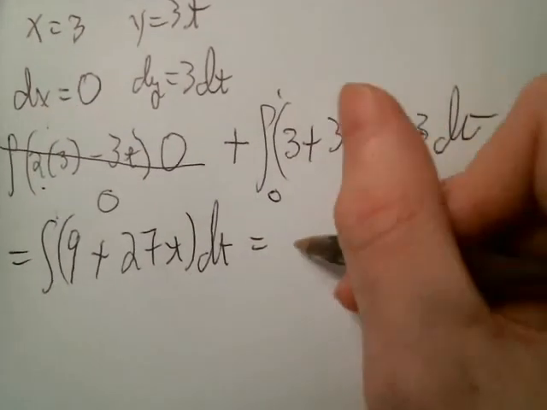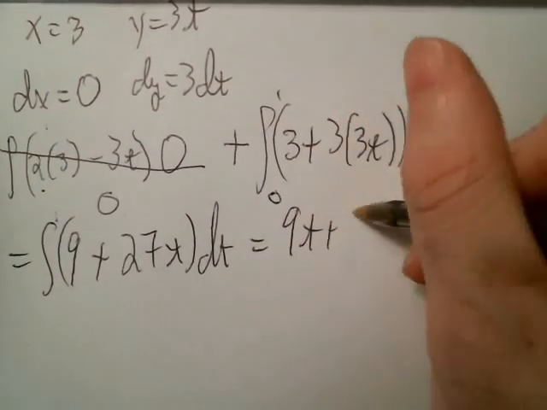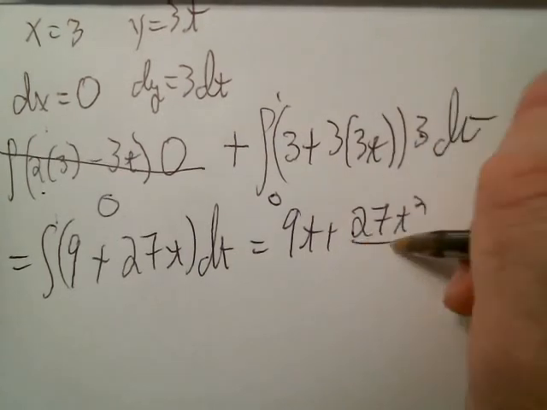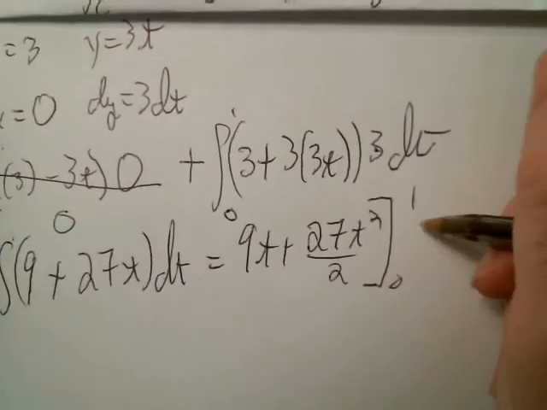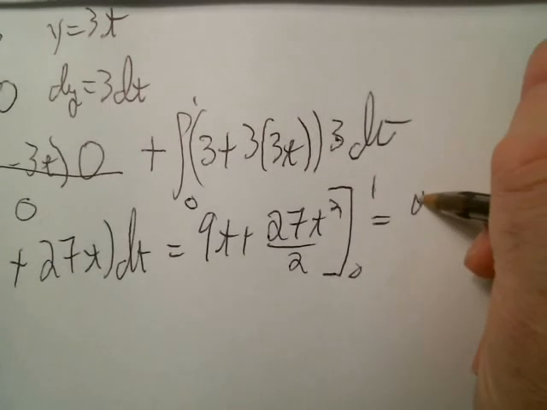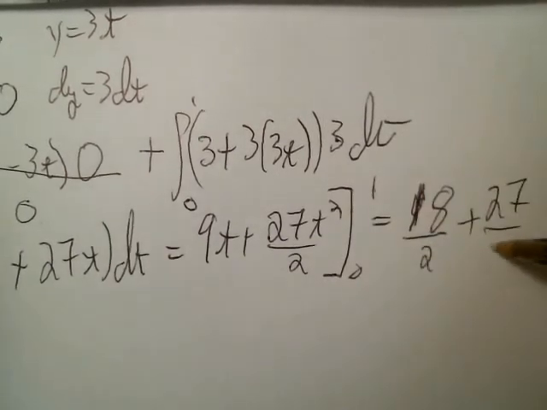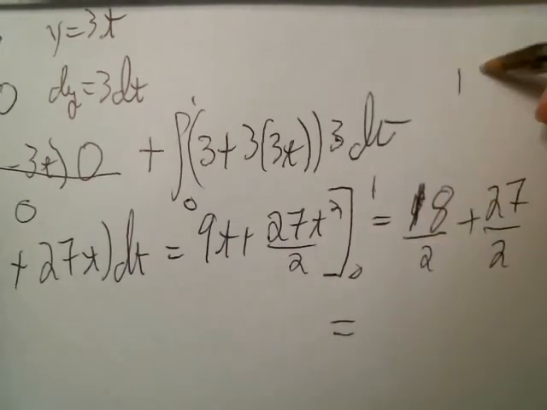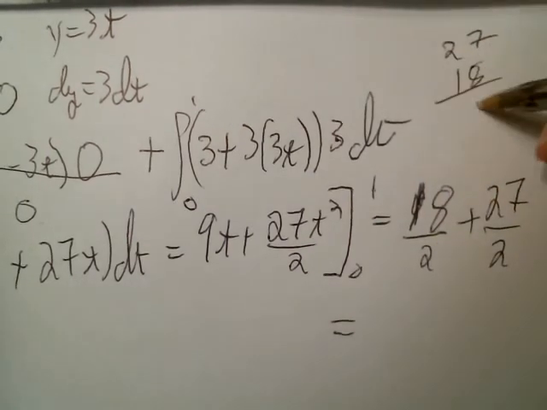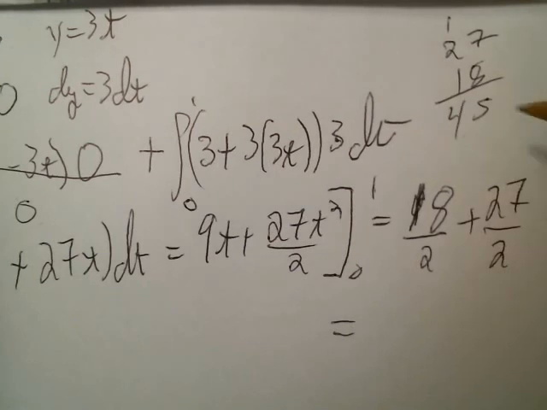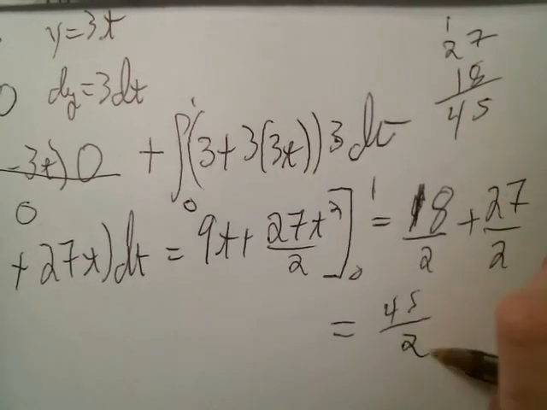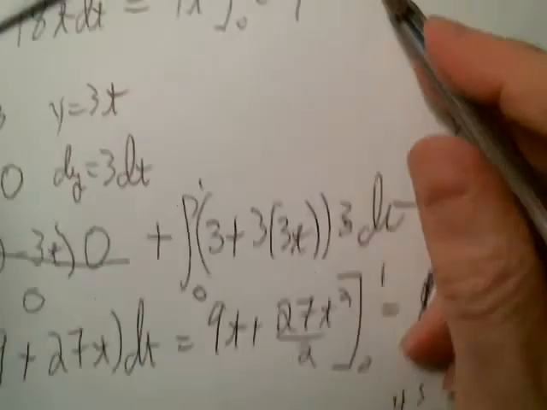And then I go ahead and integrate that. 9t plus 27t squared over 2, evaluated from 0 to 1, is 9. Well, let's go 18 halves, right? So plus 27 halves, which will give me 45 halves.